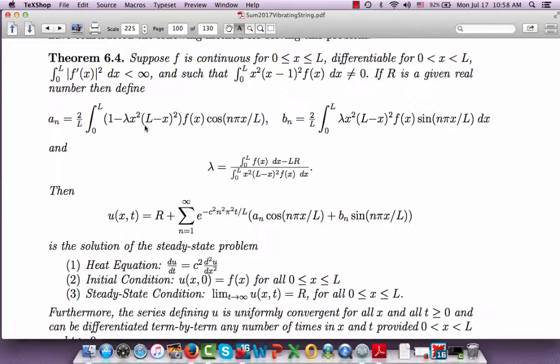The other part, which we call f subscript c of x, was basically just f minus f sub s of x. That's all this is. So when you add those two functions together, you do get f. This is defining the cosine coefficients.